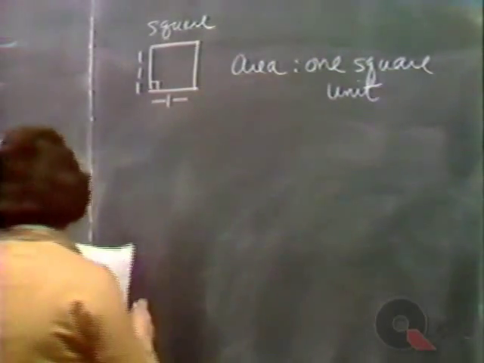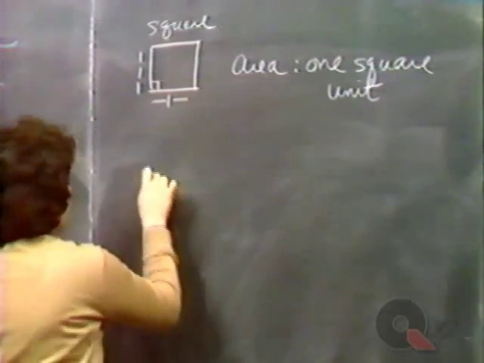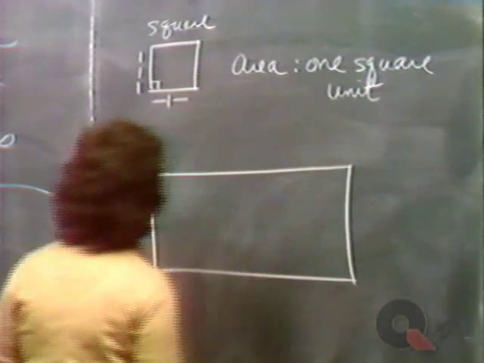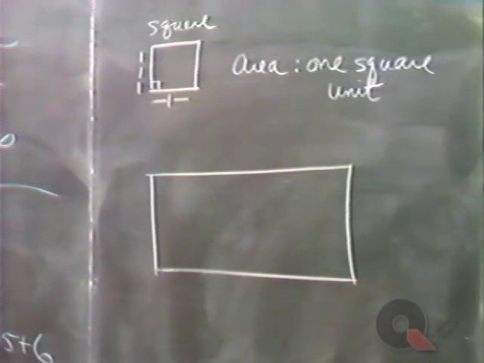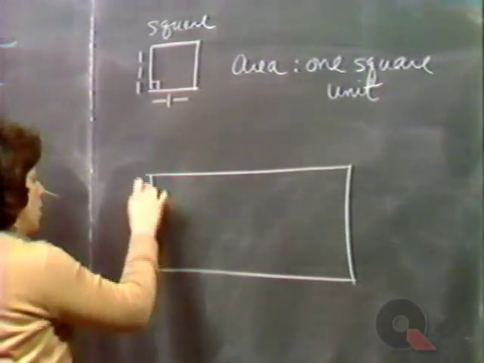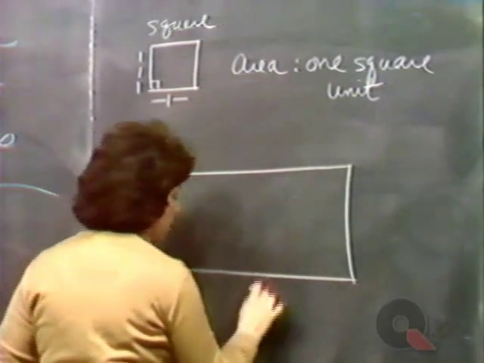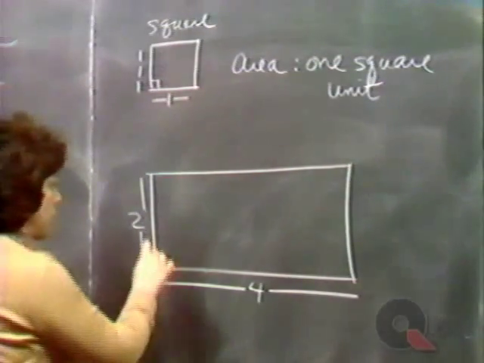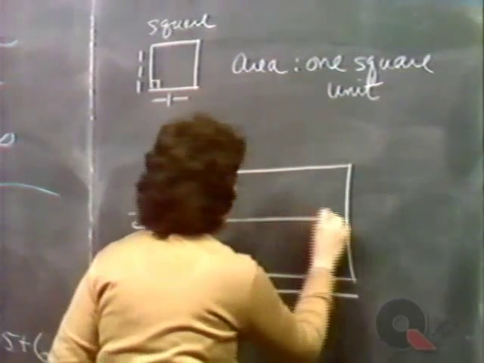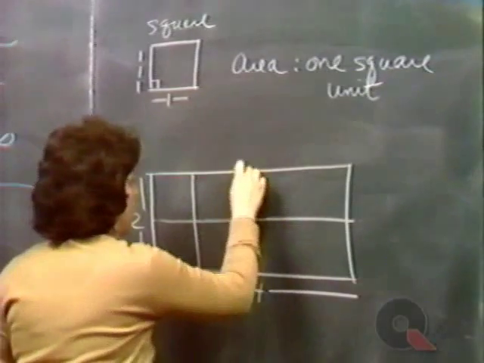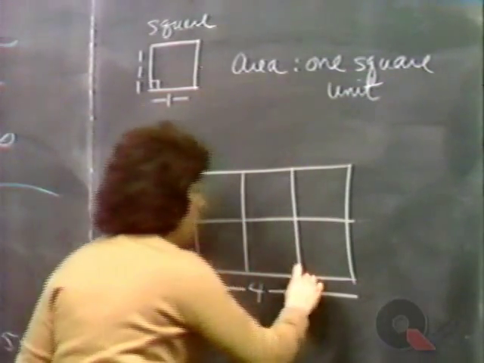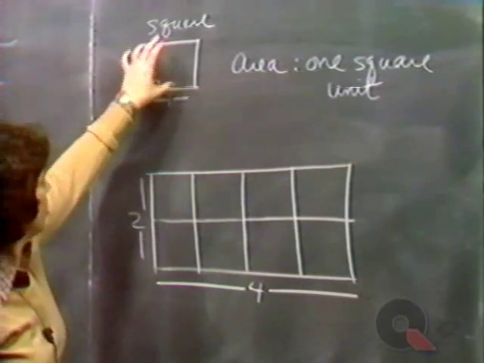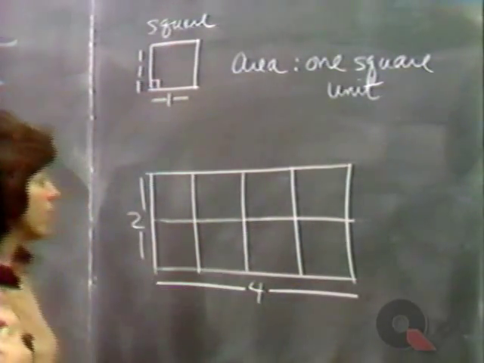Let's look at a rectangle. Let's say this rectangle is 2 units by 4 units. You can break this up like so and see that there are 8 of these figures in this rectangle.